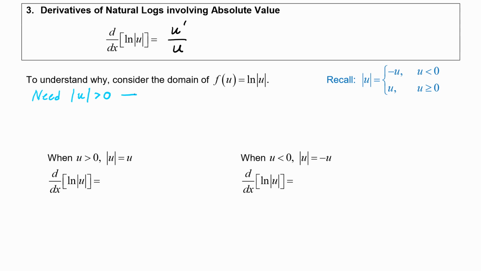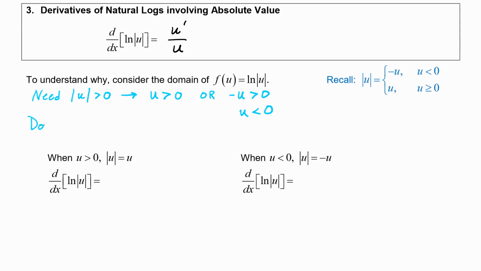Now, from your college algebra days, you know that that turns into u greater than 0, or the opposite of u is greater than 0. And of course, this inequality is the equivalent to u is less than 0. So we have that u is greater than 0 or u is less than 0.